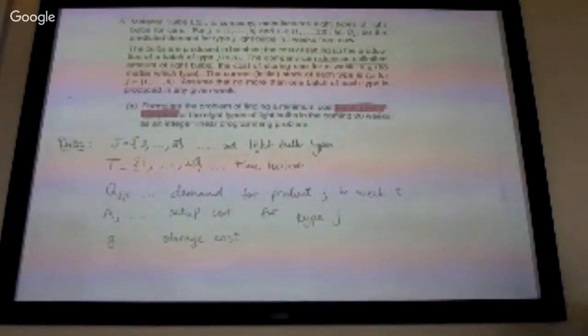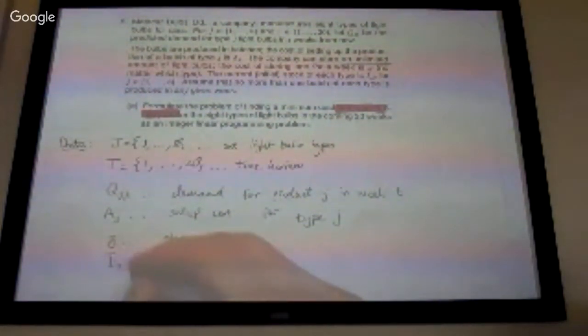And there is the initial stock I_J0, the initial stock of type J.